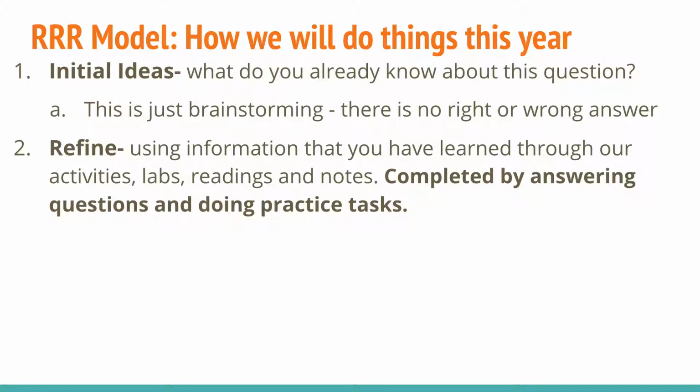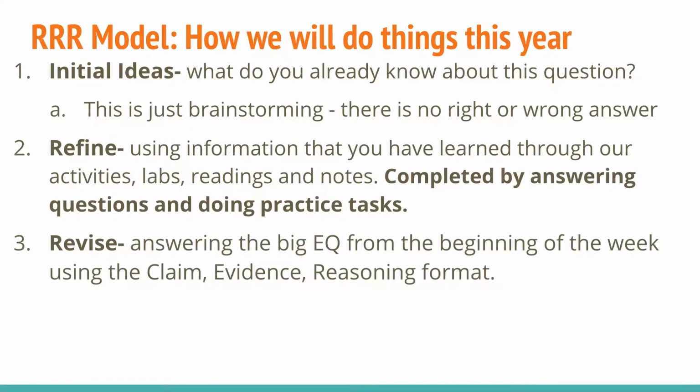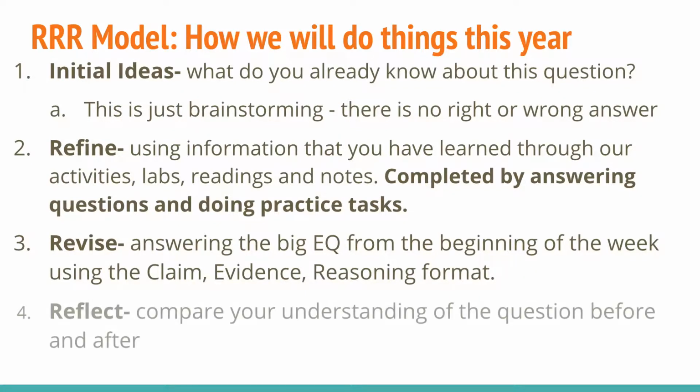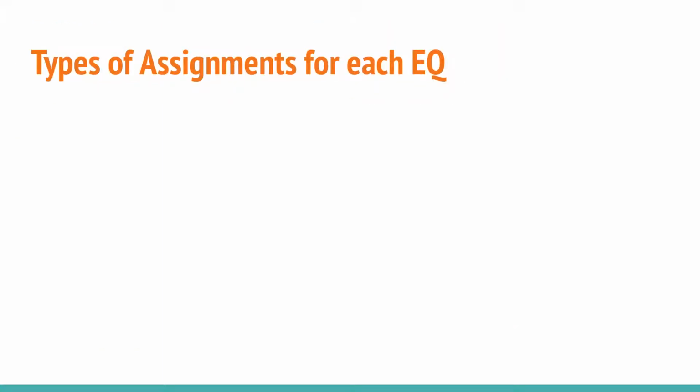And you are able to, of course, use all of these different activities and resources to help you answer these questions. At the end of the week, we answer the big EQ from the beginning of the week using the claim, evidence, and reasoning formats. And then on our EQ checks, we reflect and compare our understanding at the beginning of the week to our understanding at the end of the week.